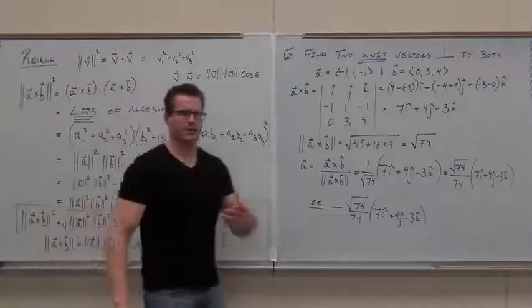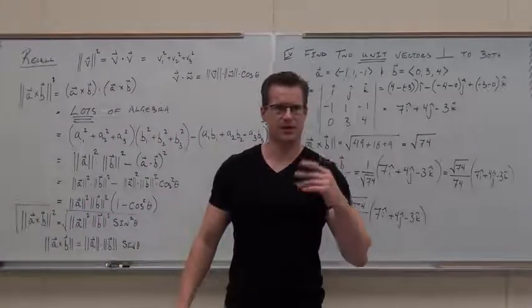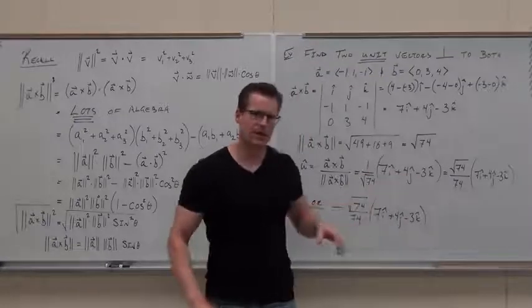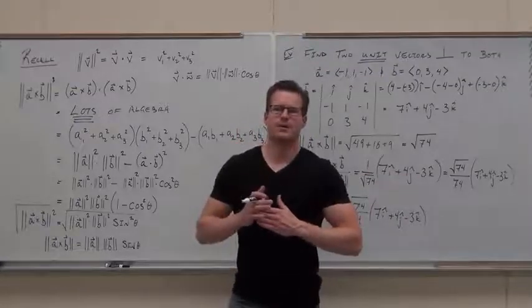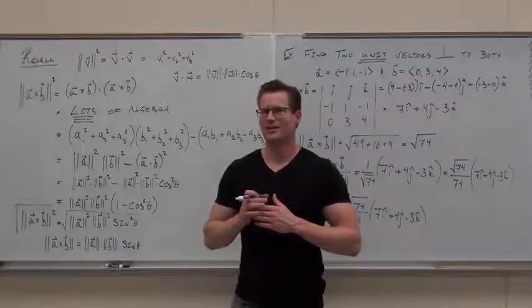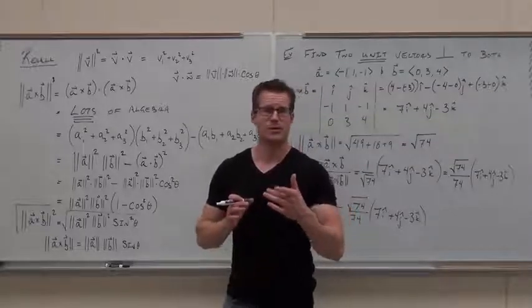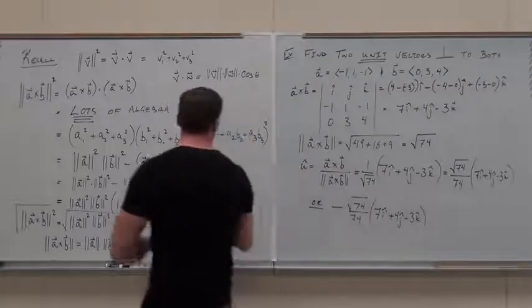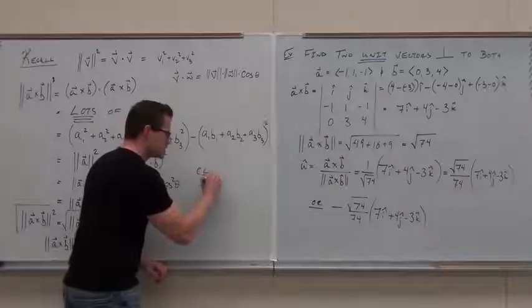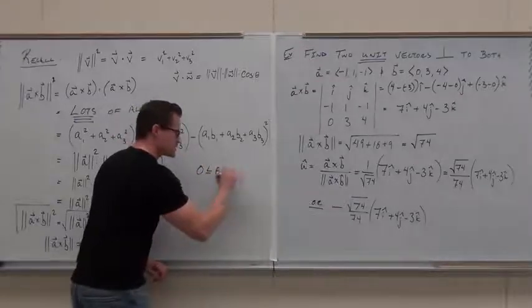But if I square root both sides, if you're wondering if that's legal, why sine stays positive, I don't have the plus or minus, I need you to think back to the definition that was right over here. For cross products, a little sub note, theta is between 0 and pi.